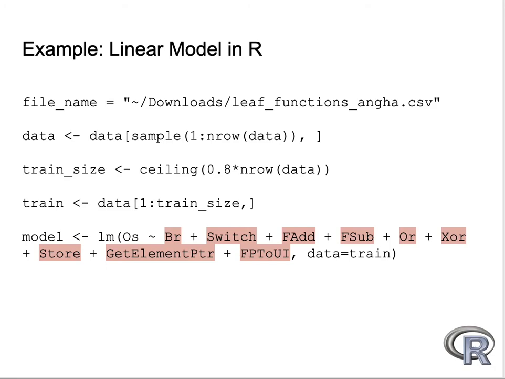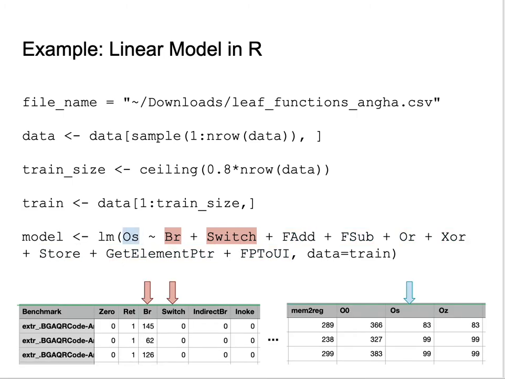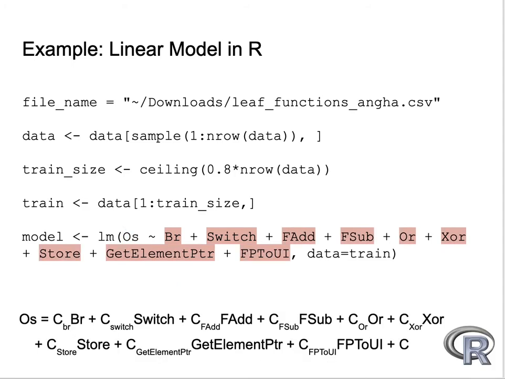And we shall build Os as a function of these 9 variables, which are the numbers of different kinds of instructions in the LLVM IR for each program. Notice that these variables are all essentially the names of columns in our CSV file. Take some time to see that's the function that we had written before in the beginning of this class.